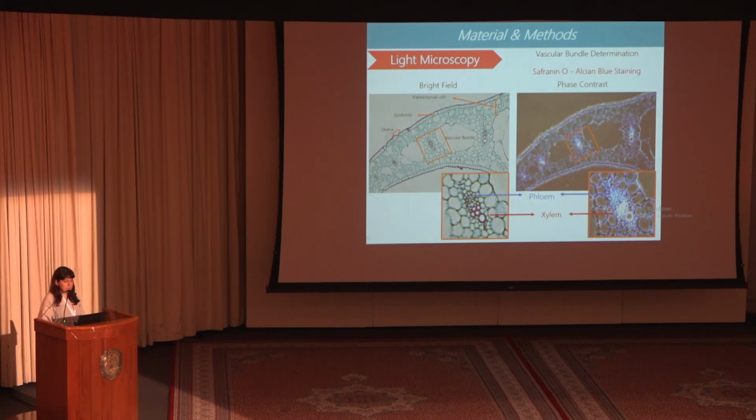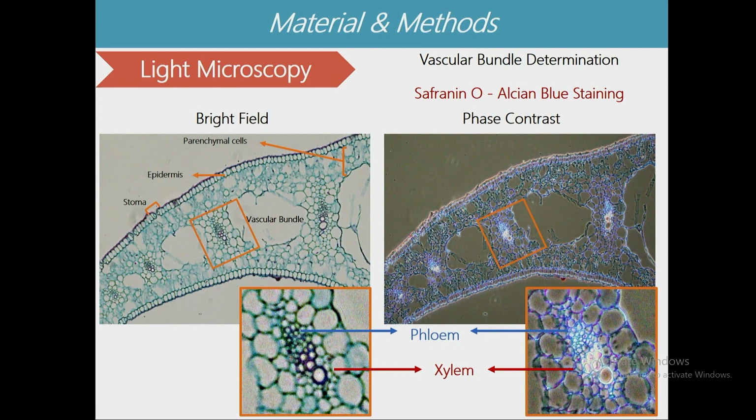First step is the vascular bundle determination by using safranin O and alcian blue staining, and you can see the slides of the vascular bundle of Narcissus tazetta. And by blue, you can see the phloem region, and by red, you can see the xylem region. And where we need to find phytoplasmas is in the phloem tissue, of course.